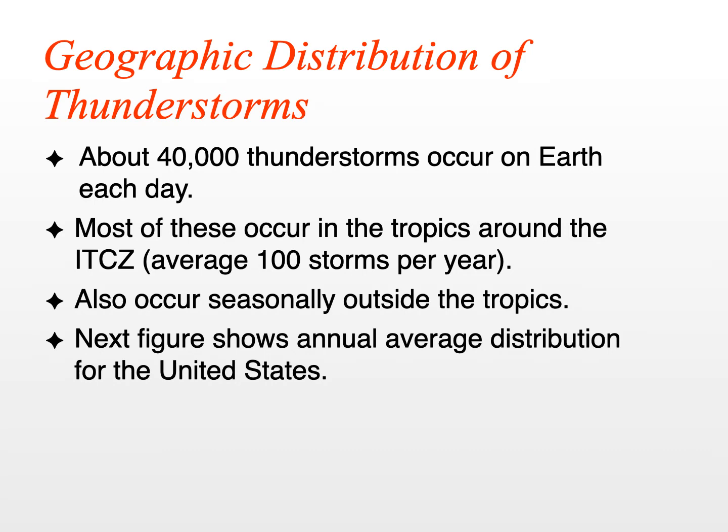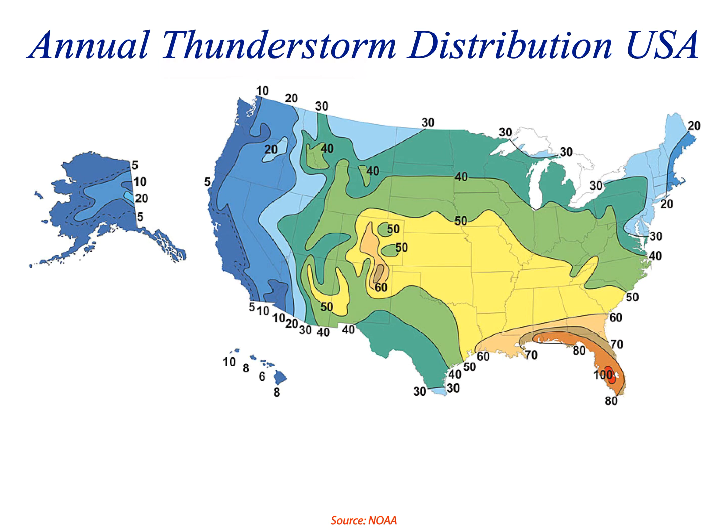The following map shows the distribution of thunderstorms in the United States. So they're most common in Florida and that southeastern corner of the United States. They're not very common on the northeast coast, and they're also not common in areas of high elevation, so much of the west coast.